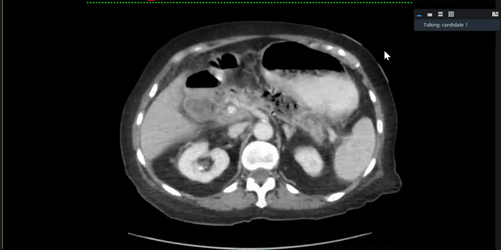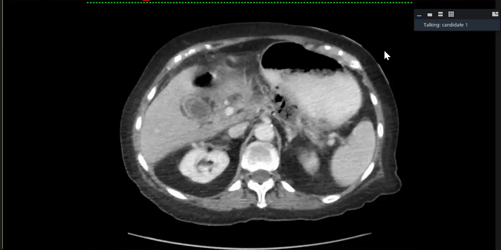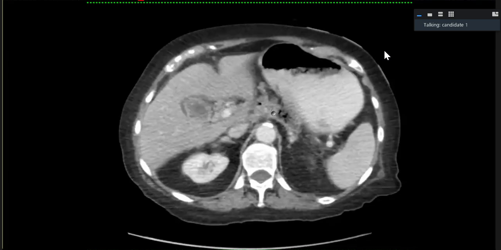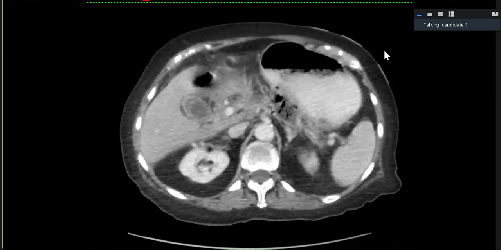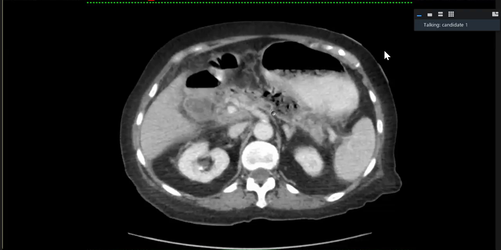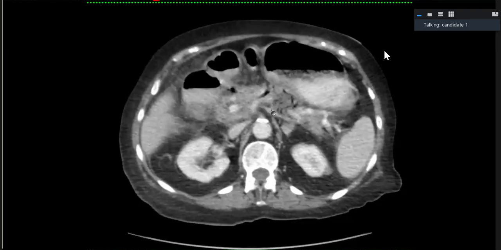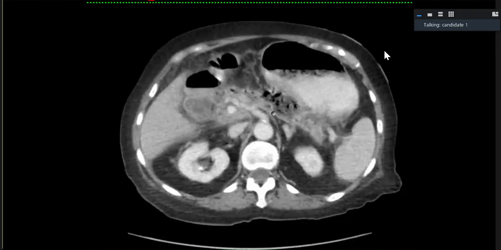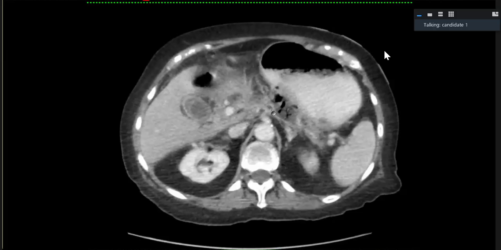In conclusion, there are features of pancreatitis associated with the wall of necrosis, and affection of the stomach and the pylorus could not be excluded.